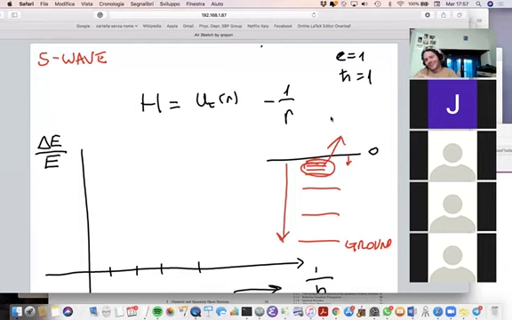Why? Because if you remember, when you go high in the principal quantum number, the mean square radius grows, right? So your system becomes larger and larger and larger. The wave function becomes more and more delocalized. And so, large distance, small momentum, the system becomes large.